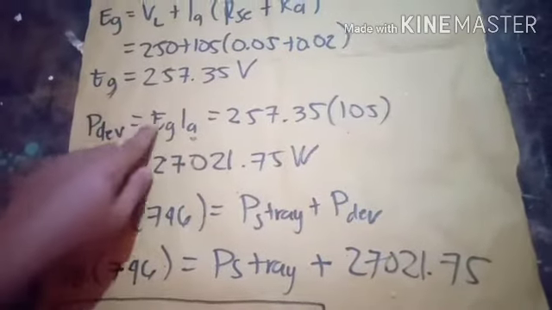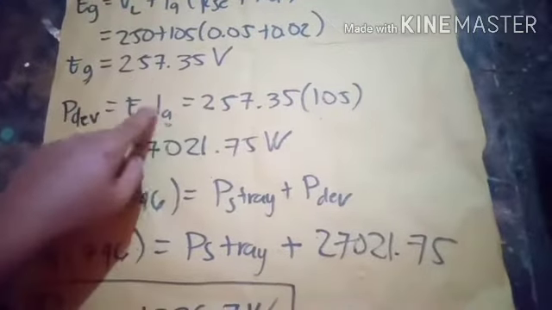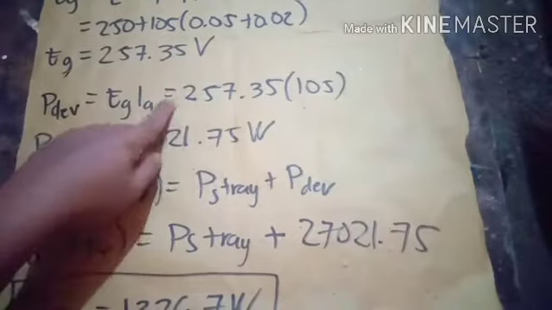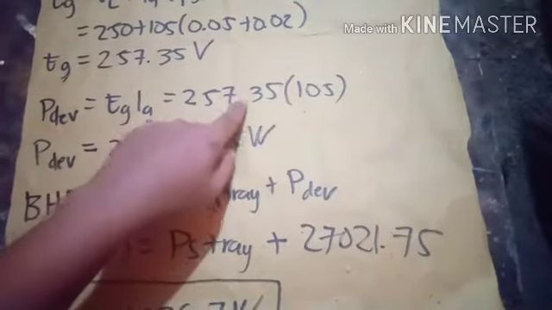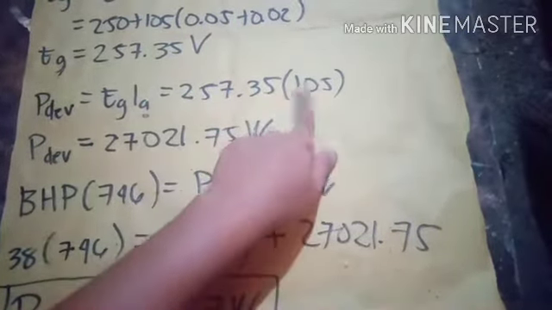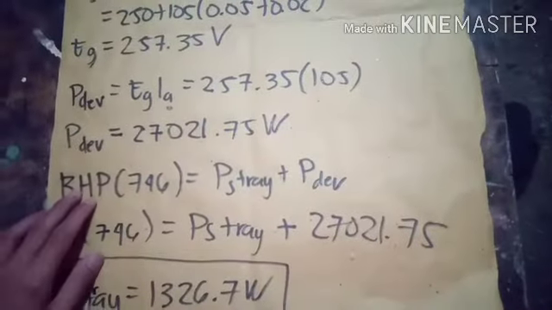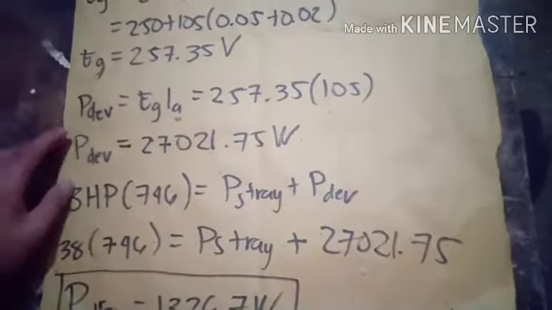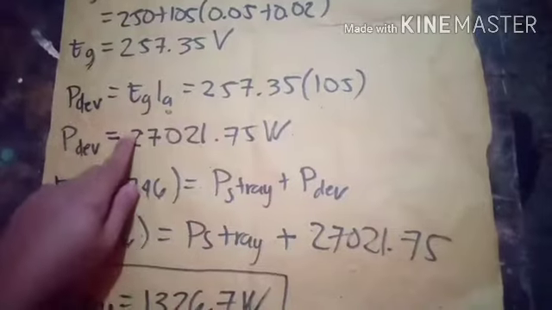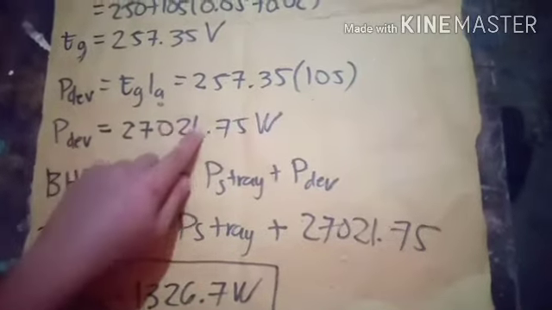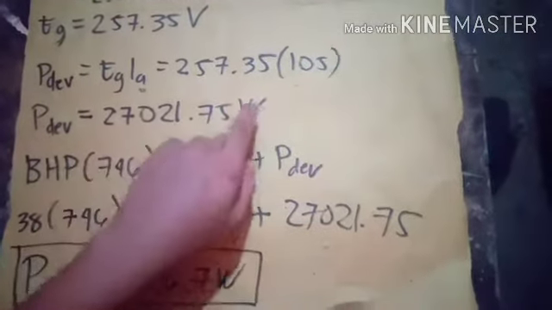So, now the power developed, P sub dev, is equal to E sub G times I sub A, equal to 257.35 times 105. So, the P sub dev is equal to 27021.75 watts.